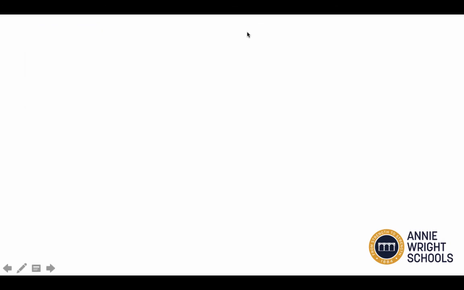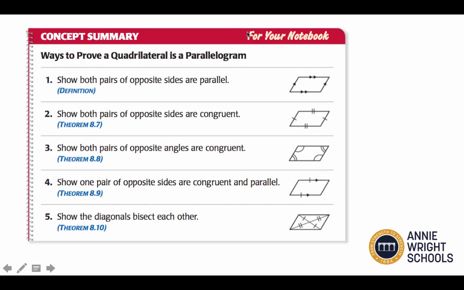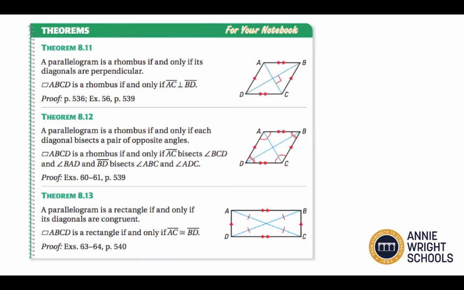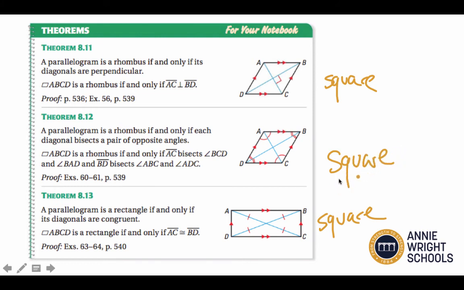So here's a ton of properties of parallelograms. And then you go forward and look at the properties of a rhombus up here, and a rectangle here. And if it's a property for a rhombus, it's also true for a square. And if it's a property of a rectangle, it's also true for a square. All of these are true for squares as well.